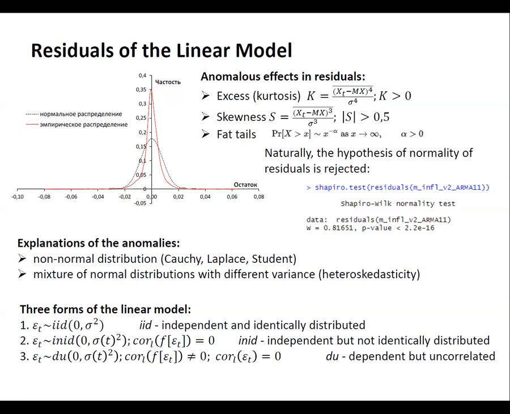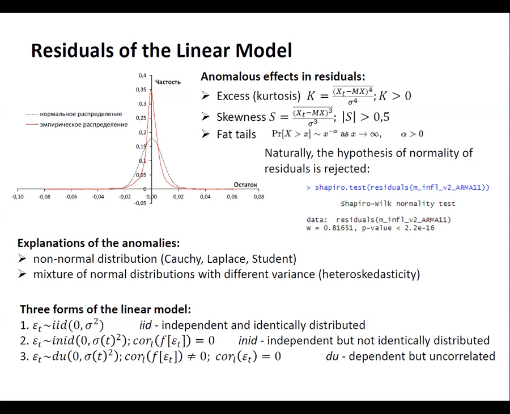How can these anomalies be explained? The first way is to consider that the residuals simply have a non-normal distribution. Then what distribution? There are many non-normal distributions in econometrics, for instance, the Cauchy, Laplace, and Student distributions.